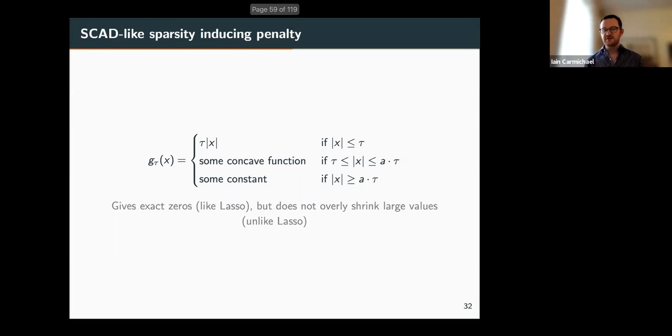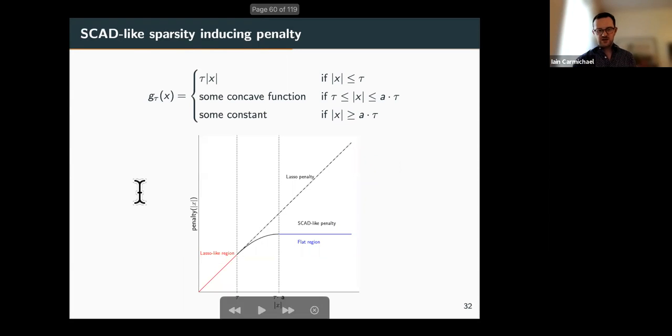By a SCAD-like penalty function, I mean something that looks like this. Here I'm plotting the penalty as a function of the absolute value of x. So for small values of the absolute value of x, the penalty function looks exactly like a lasso. Here, that's the lasso-like region.